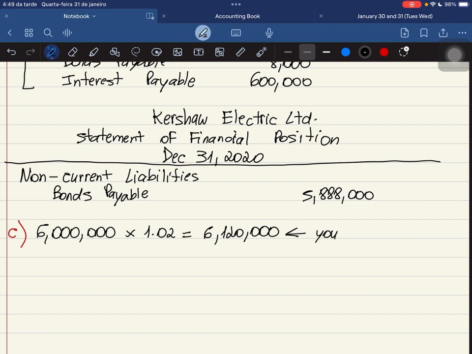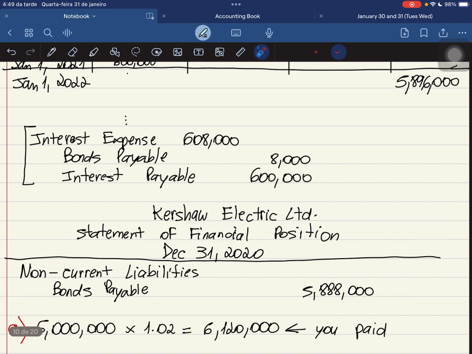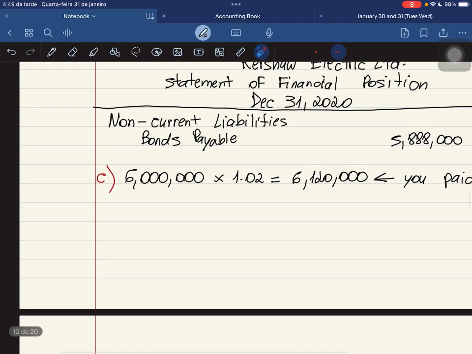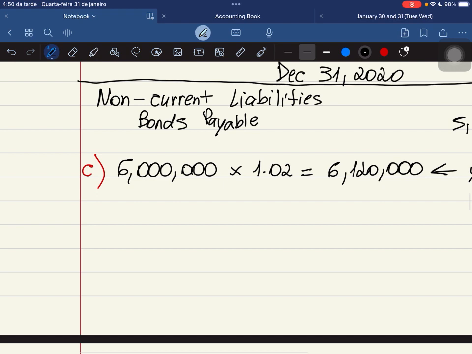You paid this. But they said that the current book value was only this, correct? So you paid more than it was worth. So there is a loss, right? Because if you paid less than what it was worth, then it would be a gain. But you actually paid more than the book value, the current book value. So we are actually going to have a loss.